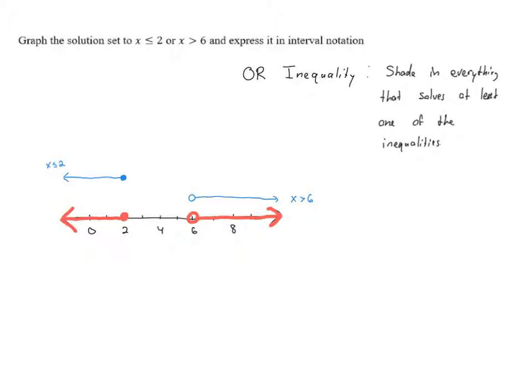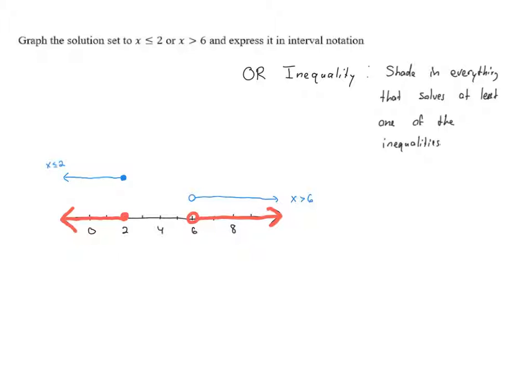It's a little bit wordier than our instructions for the and inequalities, because for the and ones we were just looking for the overlap. But here, any point that's a solution to either of the inequalities is going to be a solution to the compound inequality, and so everything that's underneath either of these intervals gets shaded in.